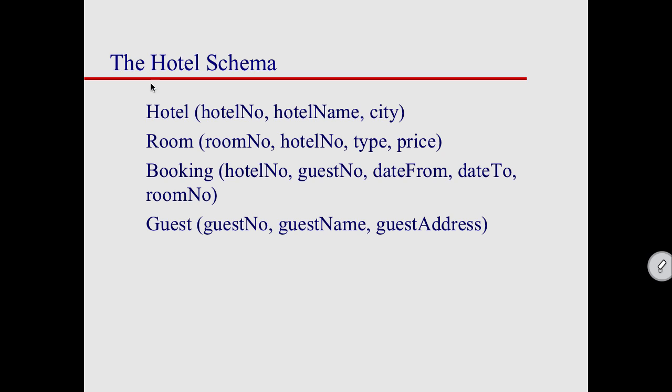Here's one that you will see a lot in the homework assignment. We have four relations. This is a schema. Hotel has hotel number, hotel name, city. If this was a true schema, what's it missing? There's one element missing from the schema. The address? Not the address.